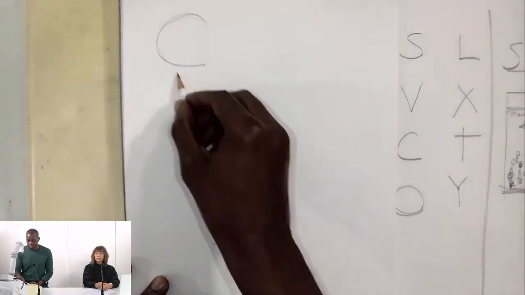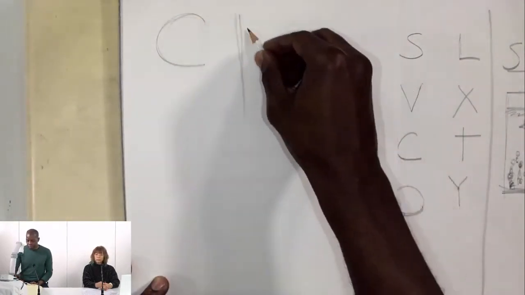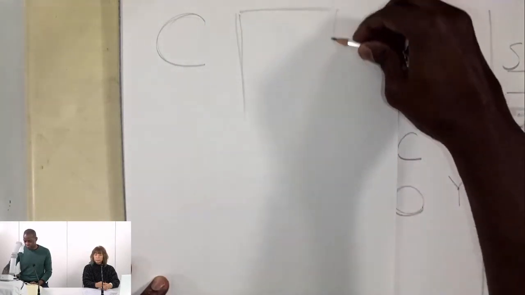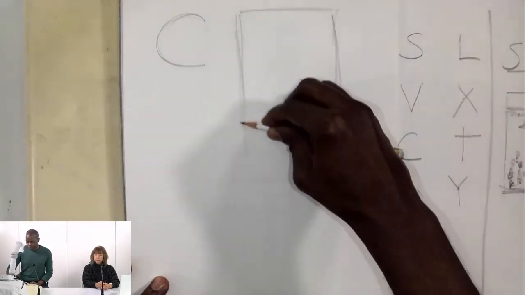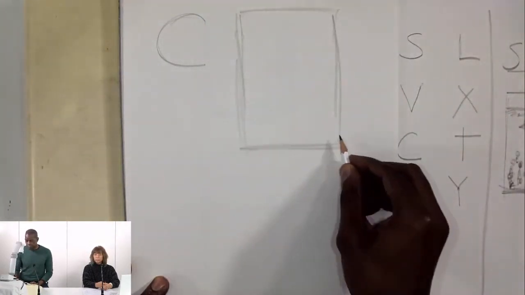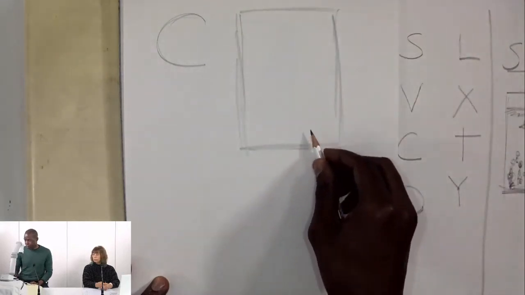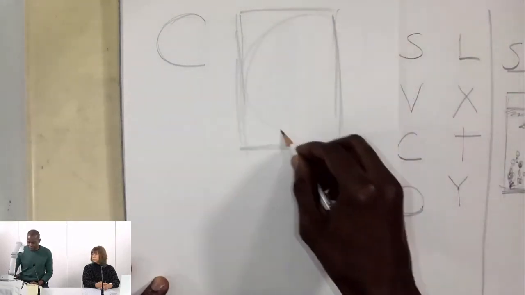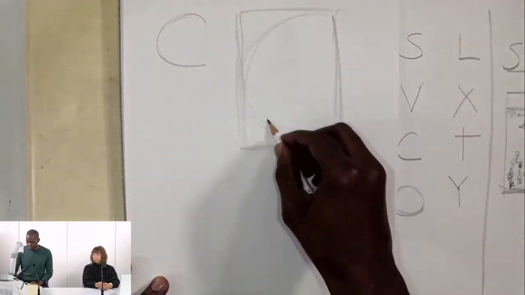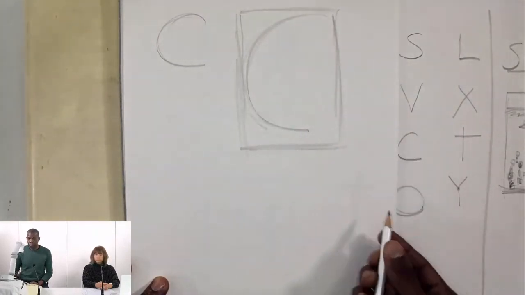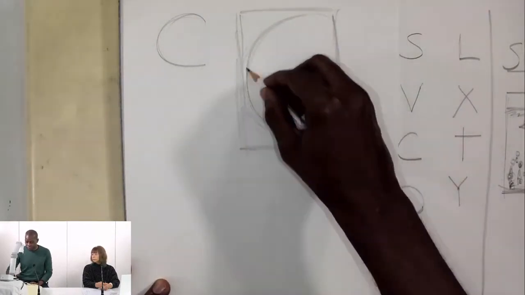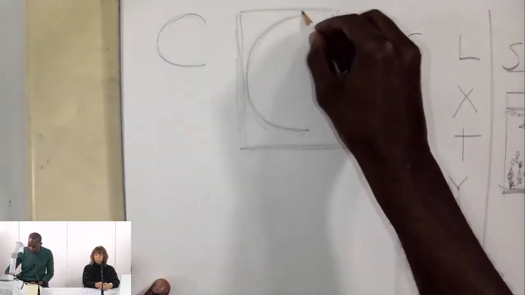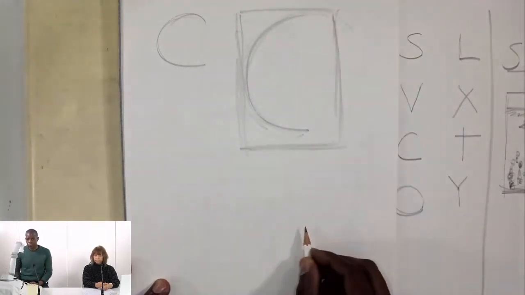Okay. The next one I'm going to do is a C. C works very, very well because, all right, okay, good, that's clear. So let's say I have something like that. And a C. Because of that, our eyes are following this form here.